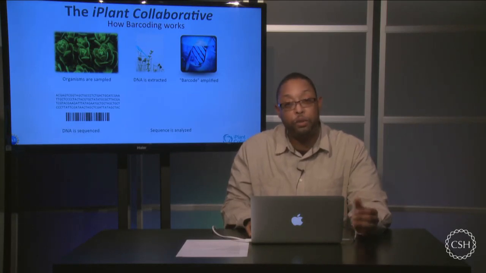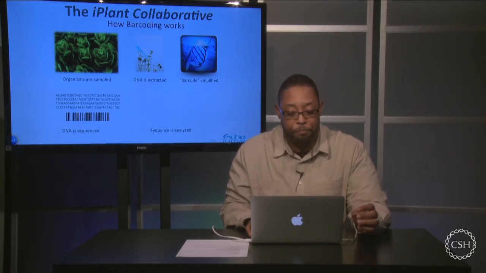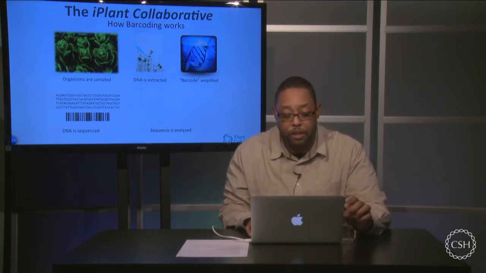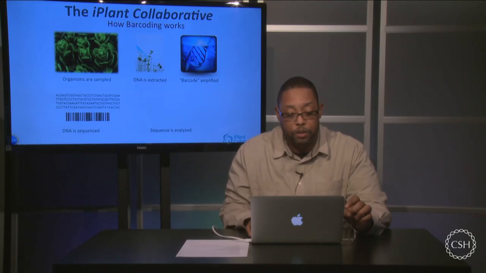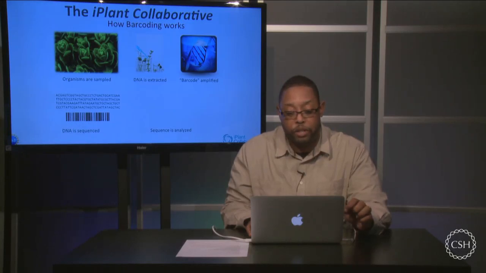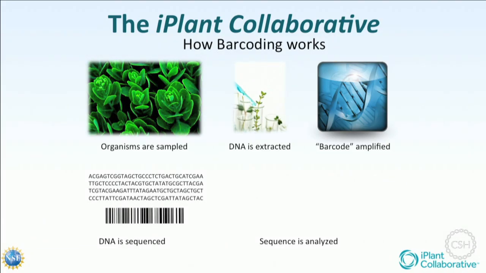But if you're ready to go, you can take the sample fresh and push straight on. The next step will be a DNA extraction, and you can use a number of different methods here, but we'll focus on just one, and I'll talk about that in just a minute. The next step is PCR, or polymerase chain reaction, in which we're going to amplify the short standardized barcoding gene.